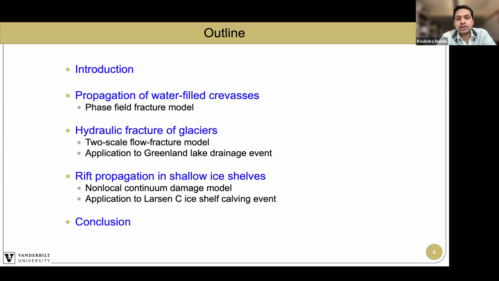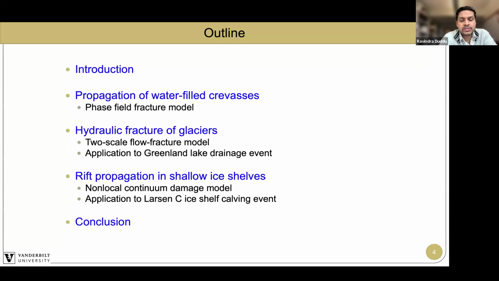Then I'll go into hydraulic fracture of glaciers. That is primarily the work that Tim Hackman at University of Oxford led in collaboration with me and Emilio Martinez Pineda. There we do idealized simulations, but then we connect it to a Greenland lake drainage event. That way we are bringing observations to modeling.